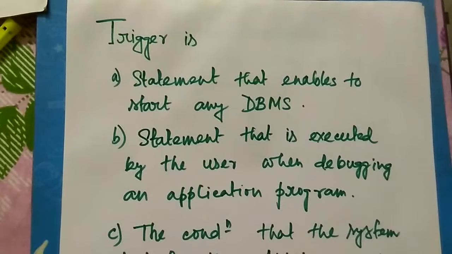So this is integrity. For every database there are five integrity constraints. The database will manage them automatically. So triggering is that option when a database automatically does all these things to ensure the integrity. So this is called triggering.